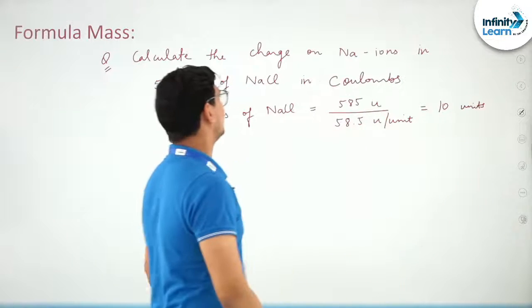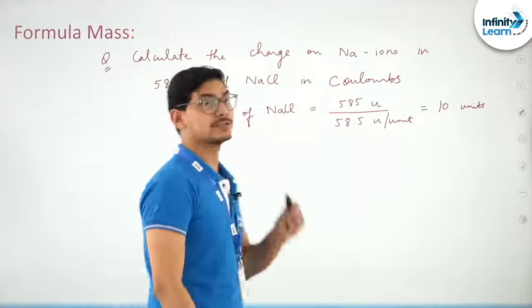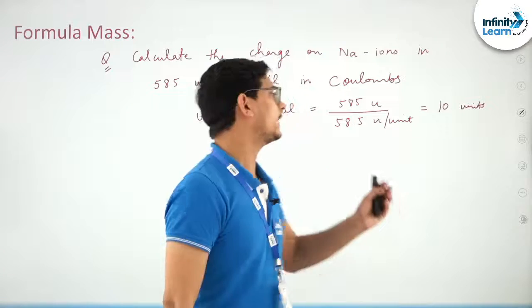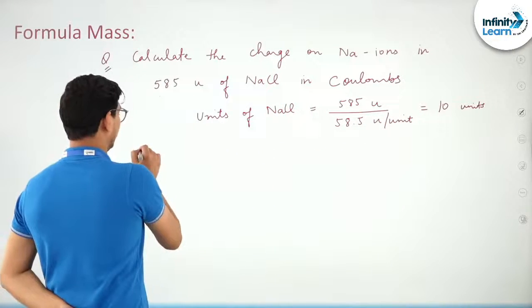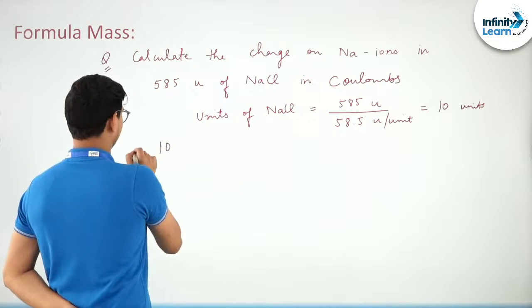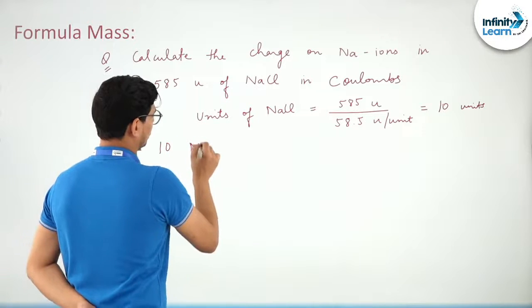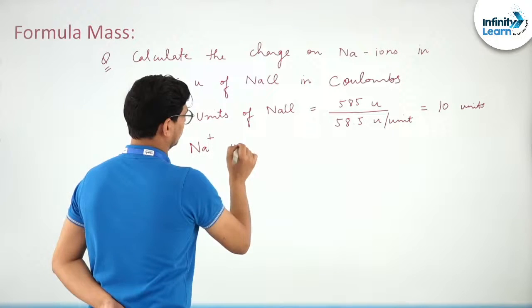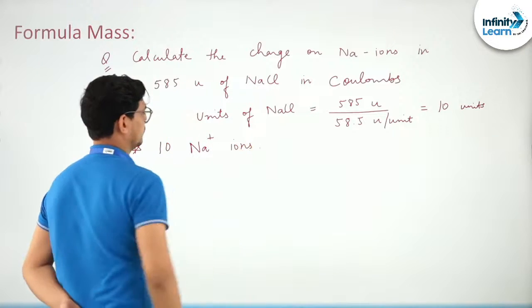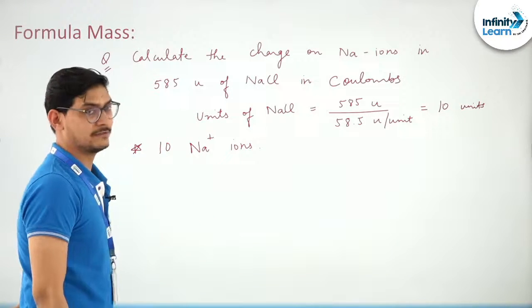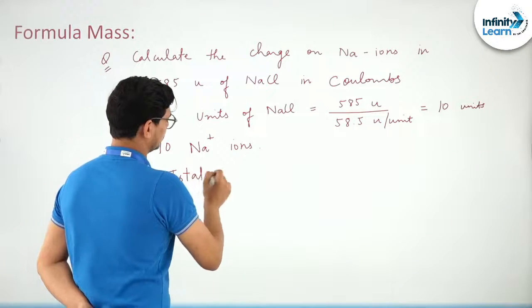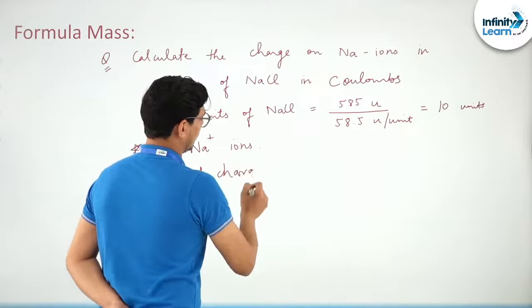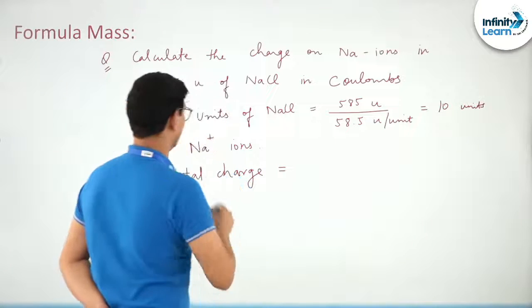Okay. Now 1 unit of NaCl contains 1 sodium ion. So obviously 10 units of NaCl will contain 10 sodium ions. So there are 10 sodium ions. Right. So now is the final step. Can you tell me what will the total charge be? What will be the total charge on 10 sodium ions?